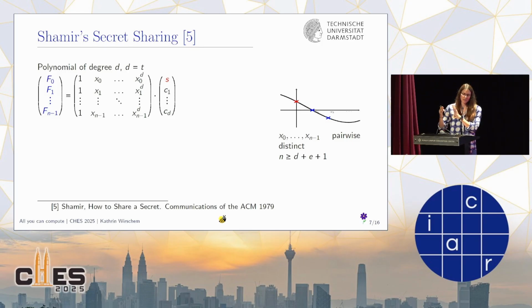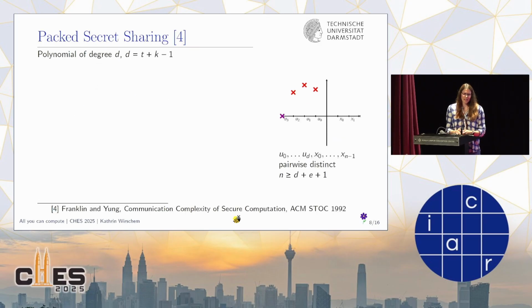Doing this E times, he can thus obtain at most a vector that has E non-zero elements, which then corresponds to a polynomial of degree at least D plus 1, if n is greater than or equal to D plus E plus 1. And thus we can see if there was a fault injected just by considering the degree of the underlying polynomial. In our case, I said we want to look at packed secret sharing.